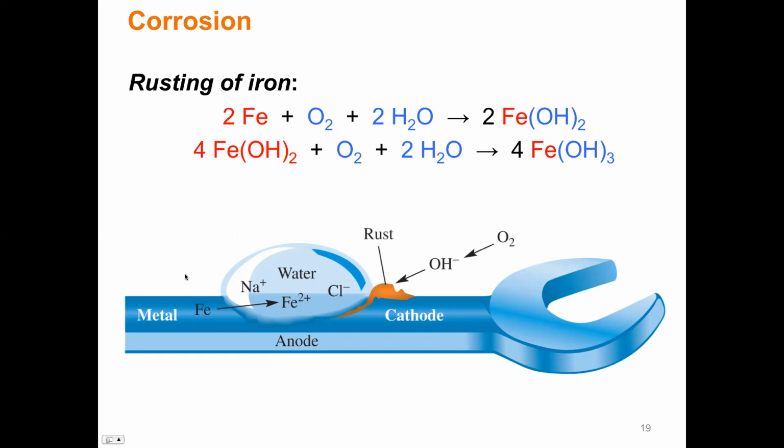And you're going to get a deposition of this ferric and ferrous hydroxide on here, which is rust, and you see it there because you've got the iron in there, and you can see the redness of it. Okay, so this is the problem, the breakdown of the metal is the consequence of it.